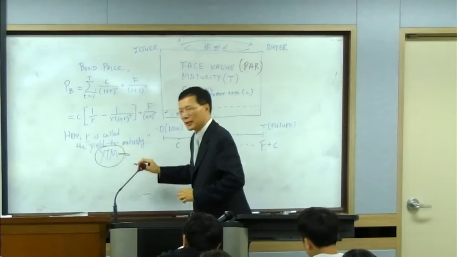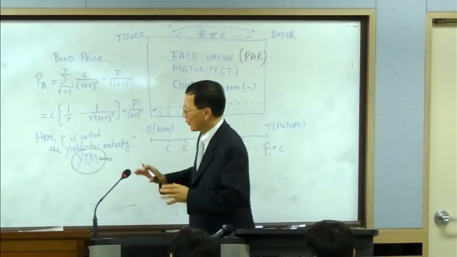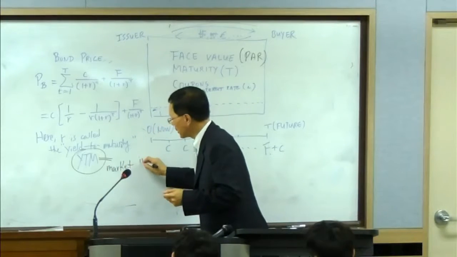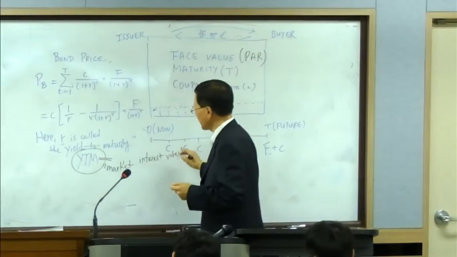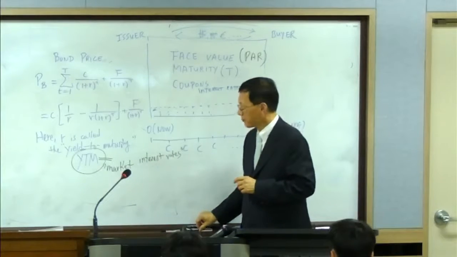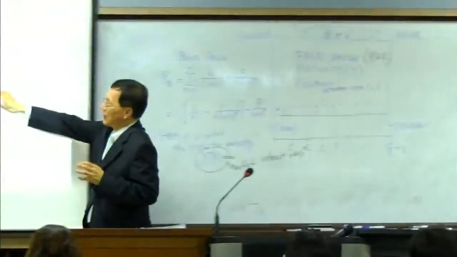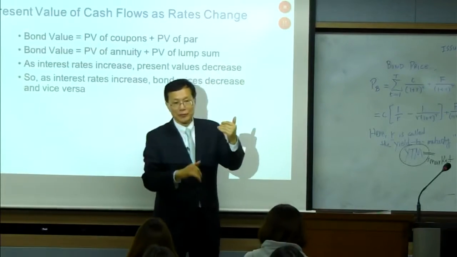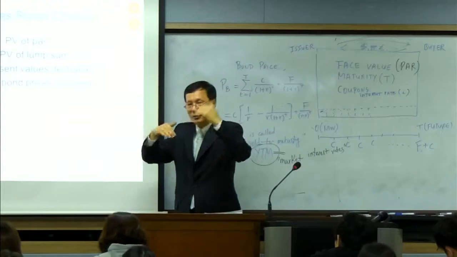Yield to maturity is oftentimes used as a synonym, or take that back, market interest rates can be a different name for yield to maturity. So yield to maturity is a synonym of market interest rates. And here, if market interest rates rise, then the price will have to fall. And if the price goes up, market interest rates will fall. Okay? There is inverse relation.